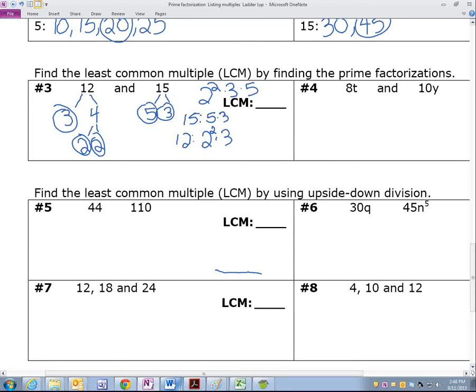So I have 4 times 3, which is 12, times 5, which is 60. Okay, so 60.